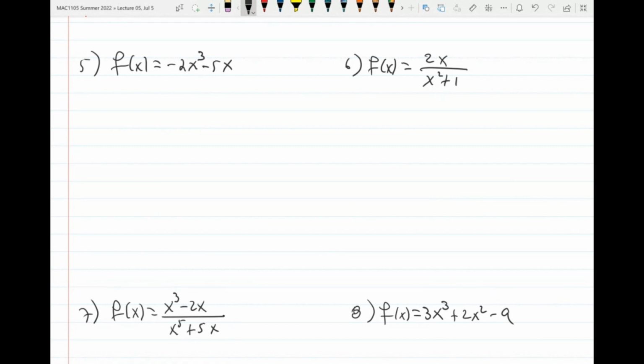Okay, so here we have some functions. Let's determine the symmetry. Let's do it together because we only have like 10 minutes left.